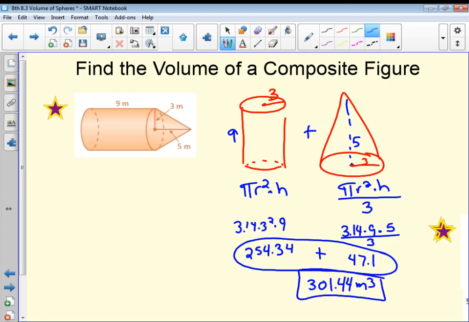Your final answer should have been 301.44, or approximately that, meters cubed. Okay, so good luck with this part of the section. Once again, it's piecing apart and using previously learned knowledge and then adding those pieces together.